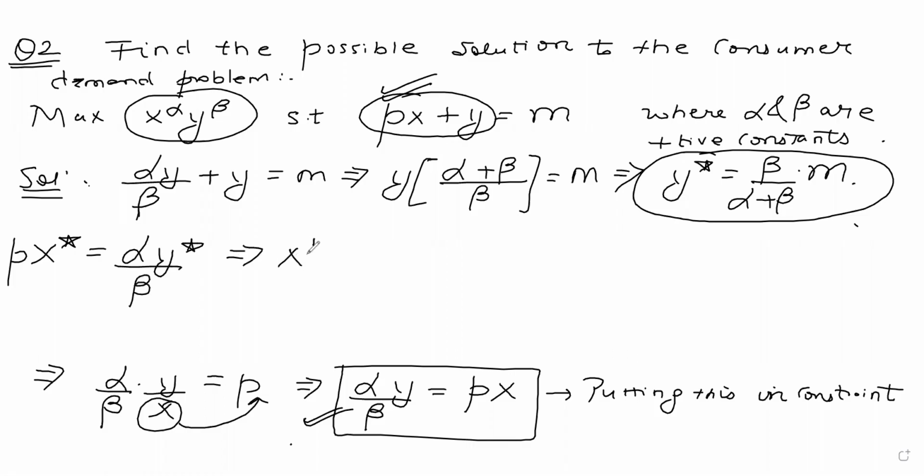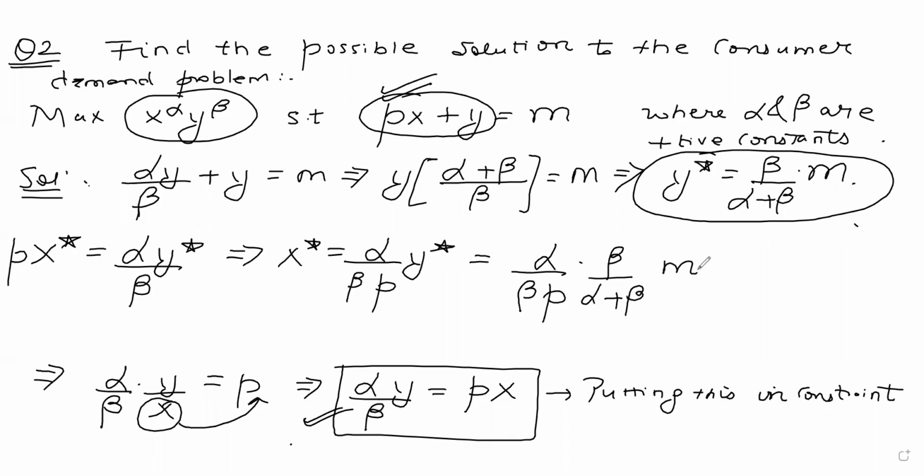This implies my x star is nothing but alpha by beta p times y star. Now, what is y star? You can plug in the value. So, alpha by beta p times, put the value of y star, which is beta upon alpha plus beta m. So, what do I get as my answer? Beta beta cancels. I get alpha m upon alpha plus beta times p. This is my optimum value of x star.